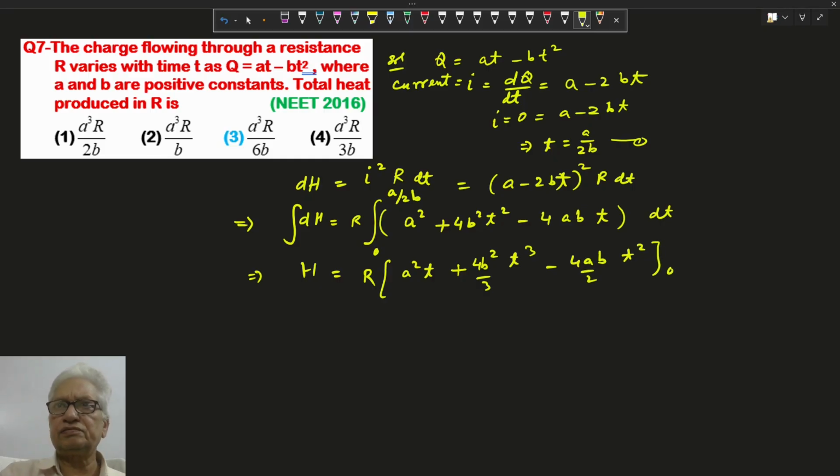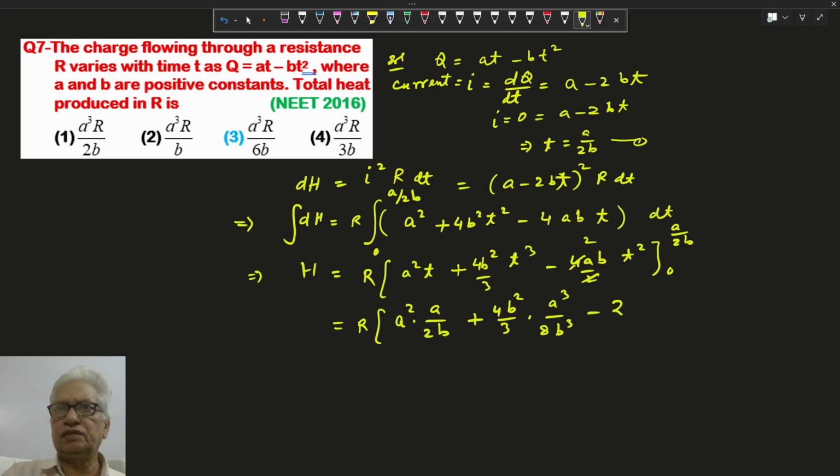Limit 0 to a upon 2, R times a square into a upon 2, plus 4 b square into a cube upon 8 by 3, minus 2ab square upon 4 into a square.